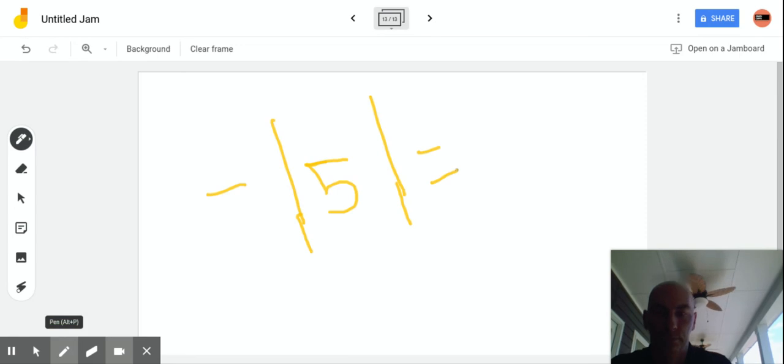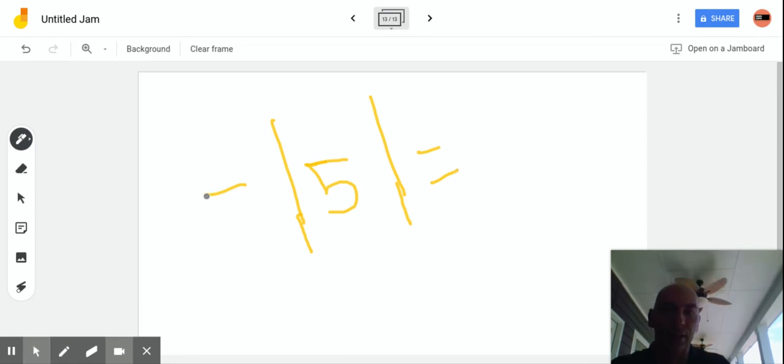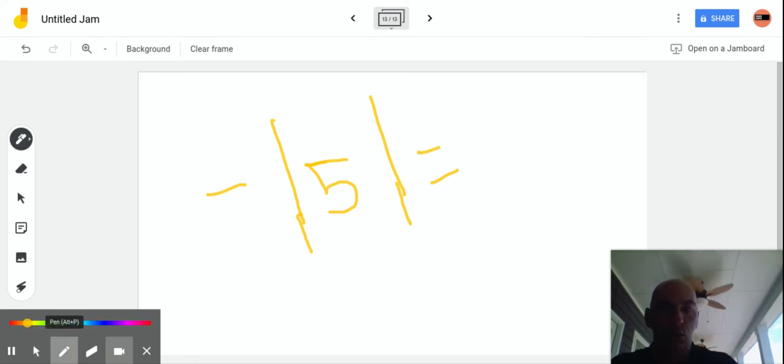But the negative sign's outside of it. It has nothing to do with inside of this absolute value symbols. It's outside of it. So that's going to be part of the answer. That negative sign is coming all the way over here, boom, and being in the answer.